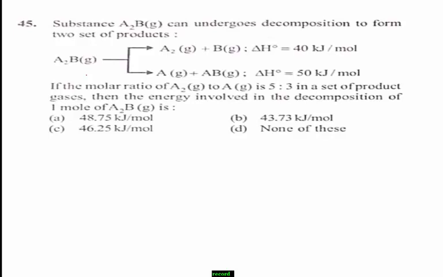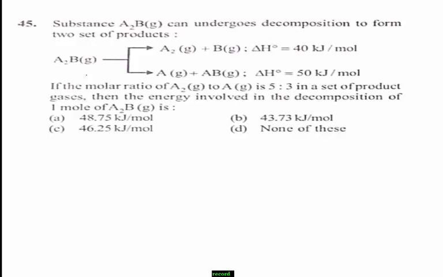If the molar ratio of A2 to A is 5:3 in the set of product gases, then the energy involved in the decomposition of 1 mole of A2B is: option A 48.75 kilojoule per mole, option B 43.75 kilojoule per mole, option C 46.25 kilojoule per mole, option D none of these. How do you calculate this one?